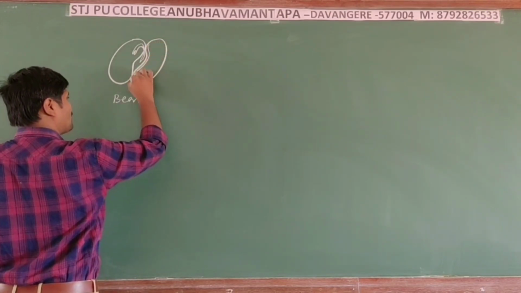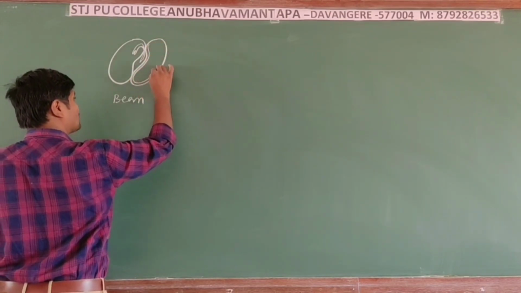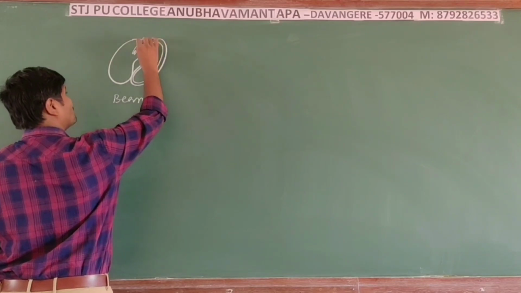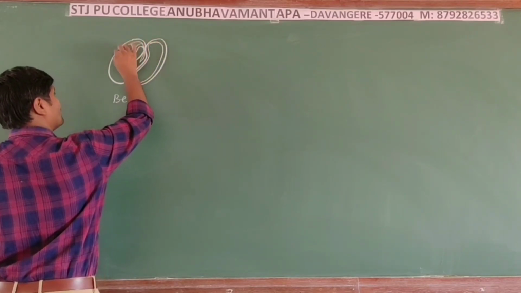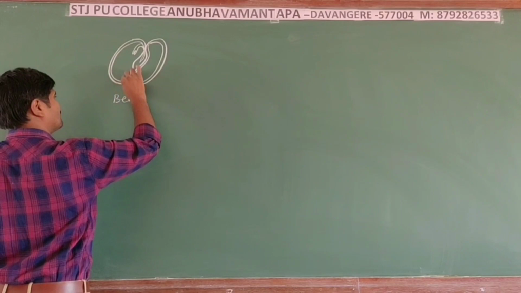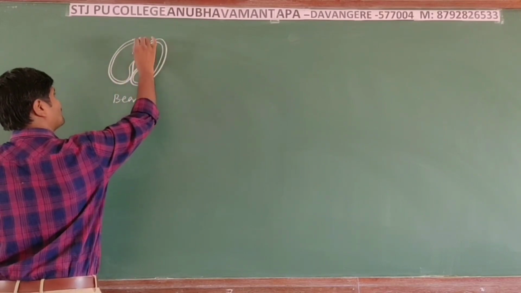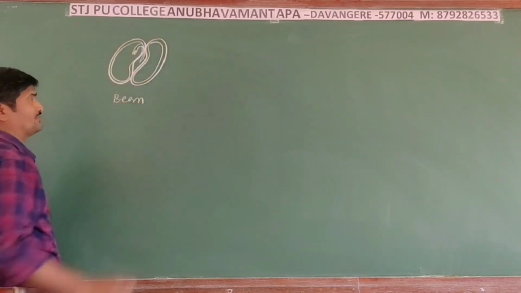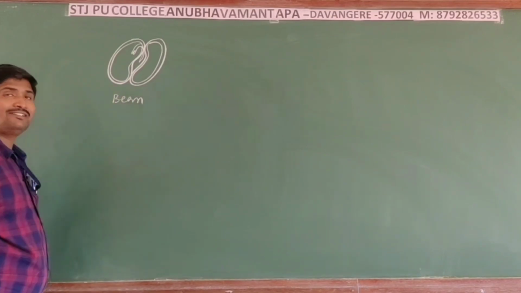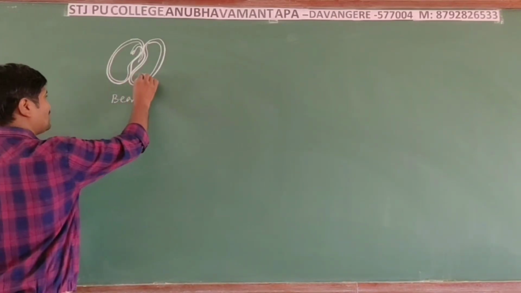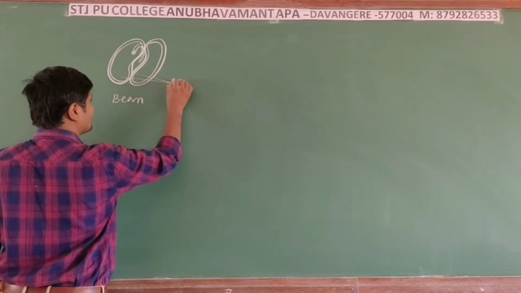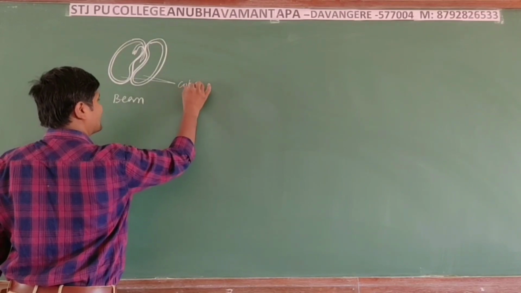The outermost protective layer is known as the seed coat. This is the seed structure of the bean. What is this one? Cotyledons.